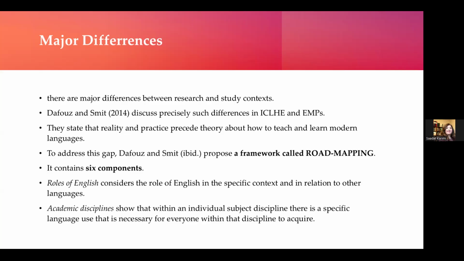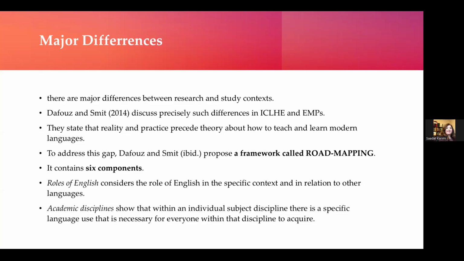They state that reality and practice precede theory about how to teach and learn modern languages. To address this gap, Dreyfus and Smith propose a framework, so-called road mapping. Road mapping contains 6 components.